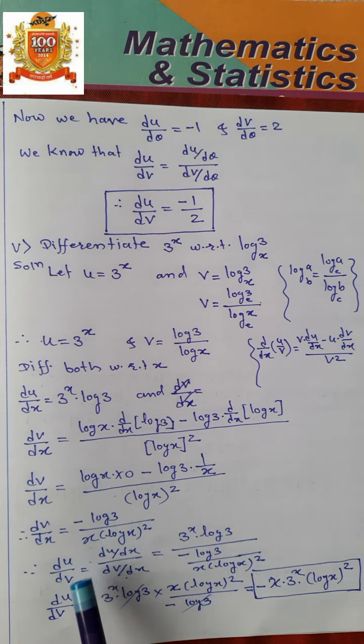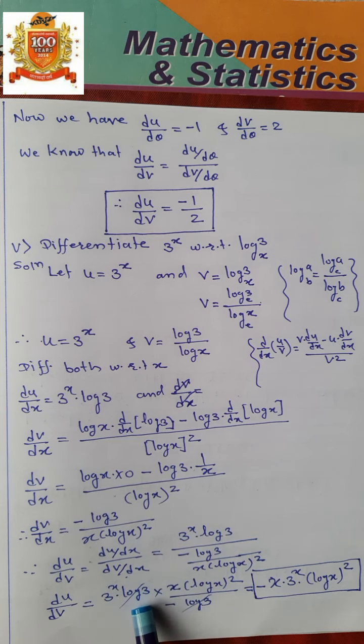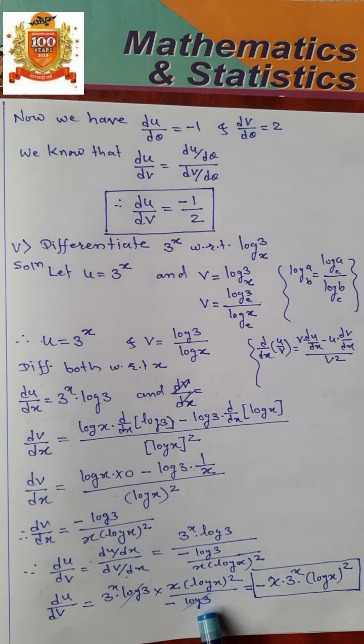We know du by dv is equal to du by dx upon dv by dx. Put the values. 3 raised to power x into log 3 upon minus log 3 upon x into log of x whole square. Therefore du by dv is equal to 3 raised to power x into log 3 into, this goes in numerator, x into log of x bracket square upon minus log 3.